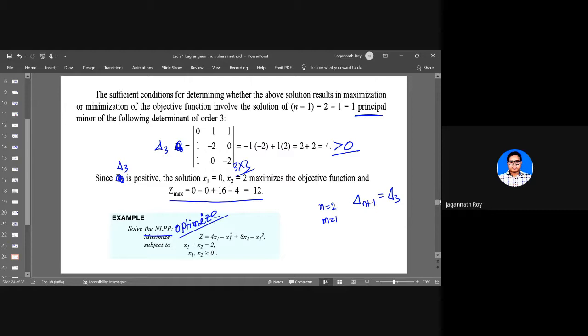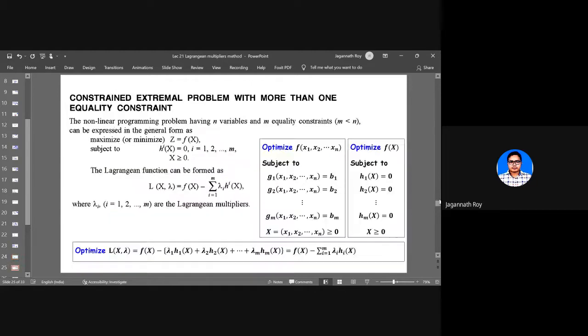But if we have more than one constraint, then the function will look like this form. Fx, and then g1 equals to b1, then g2 equals to b2. So this is a compact form.